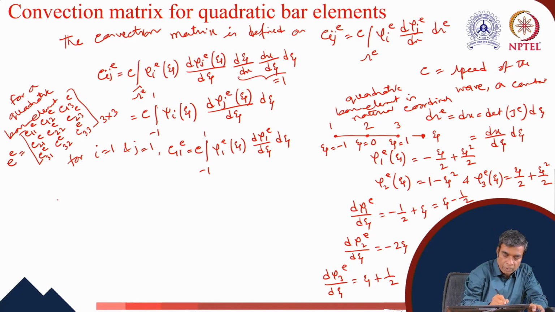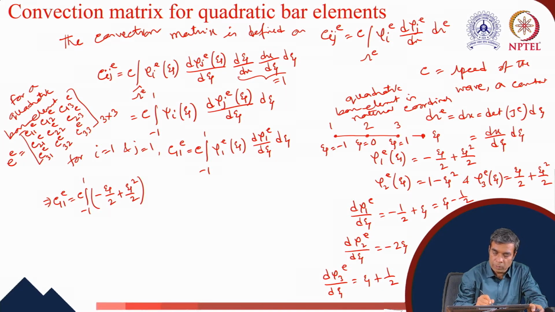So here we get C11e equals C into integration from minus 1 to 1 of psi_1^e, which is minus xi by 2 plus xi square by 2, into d psi_1^e/d xi, which is xi minus half, d xi.